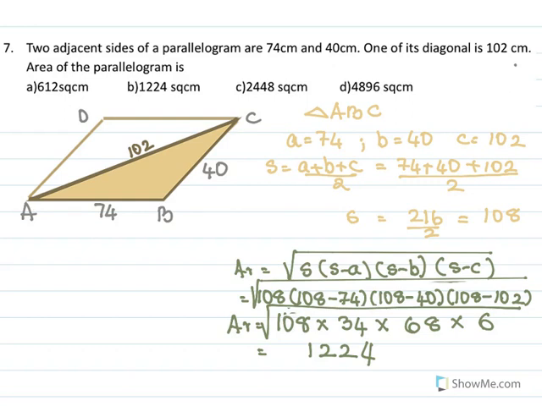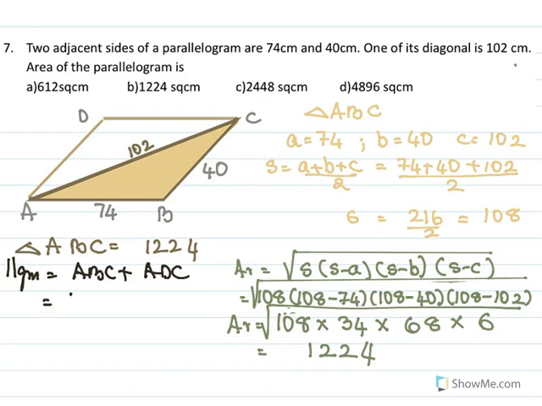Now we have yet another triangle. So the area of triangle ABC is equal to 1224. Now the area of the parallelogram is triangle ABC plus triangle ADC, and both have equal areas.